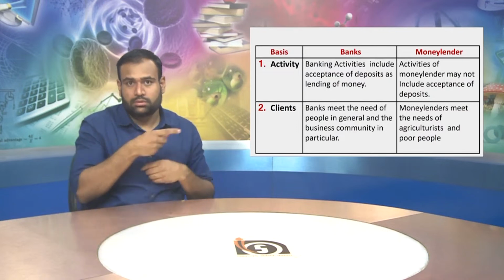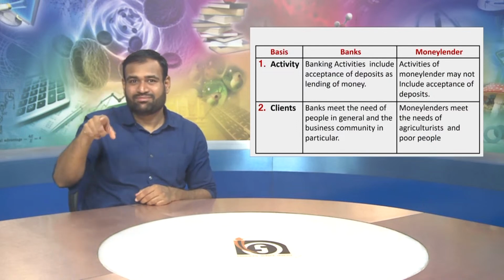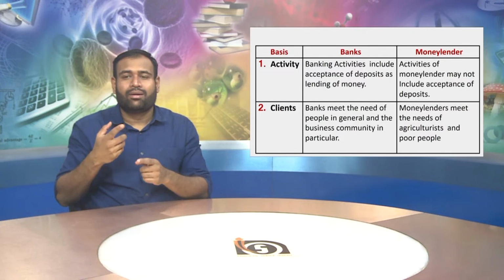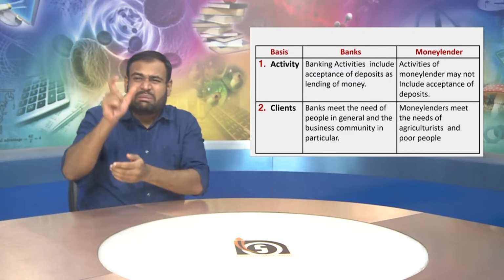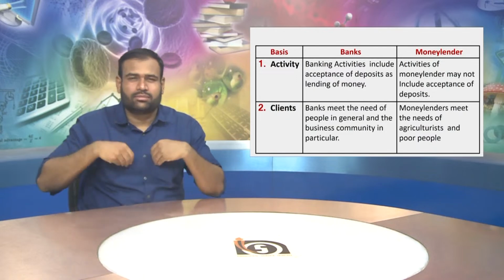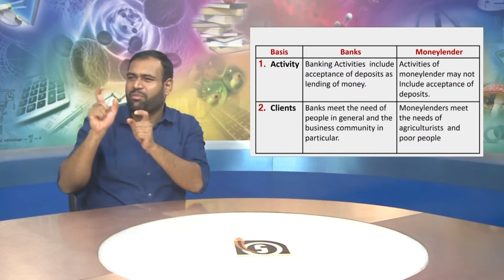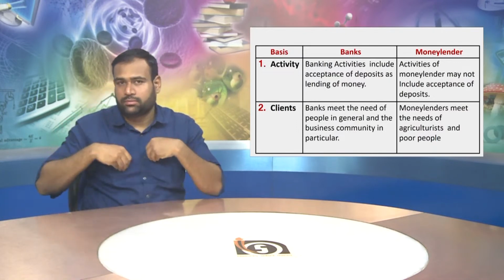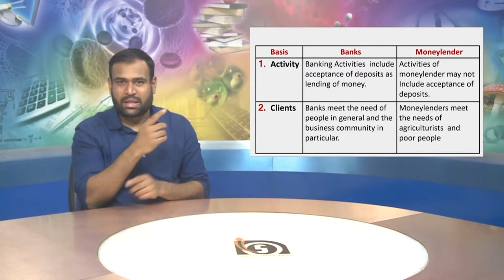On the other side, if we talk about money lender, which is a kind of individual person, activities of money lenders may not include the acceptance of deposits, because bank is a place where we can have faith and we can deposit any amount of money, but that cannot be considered equal in case of money lender.